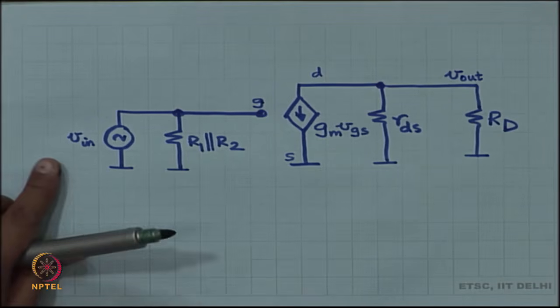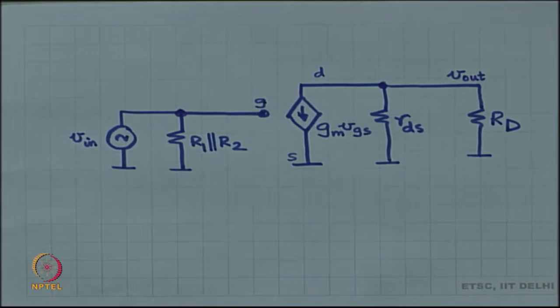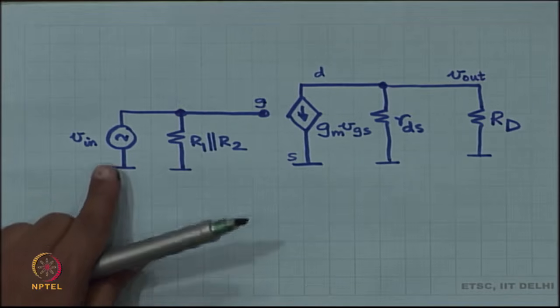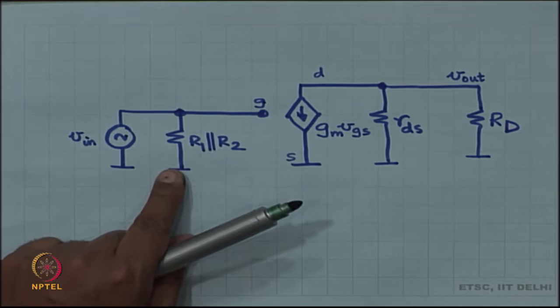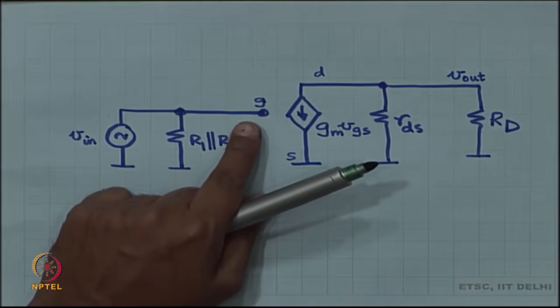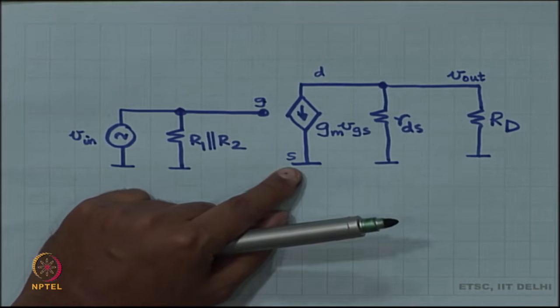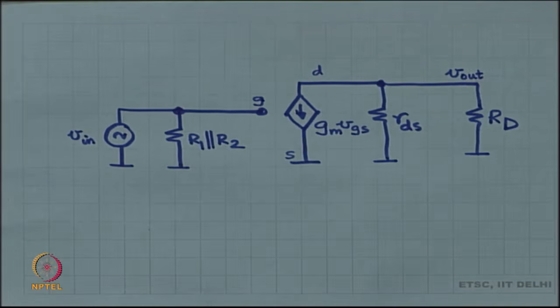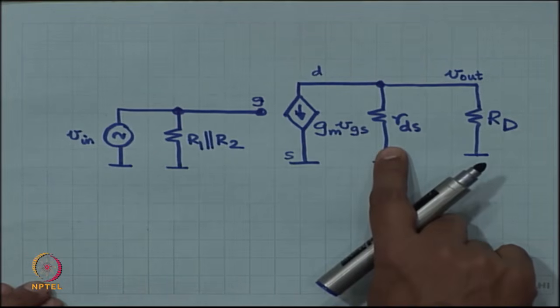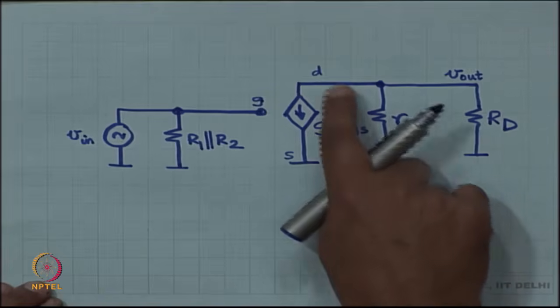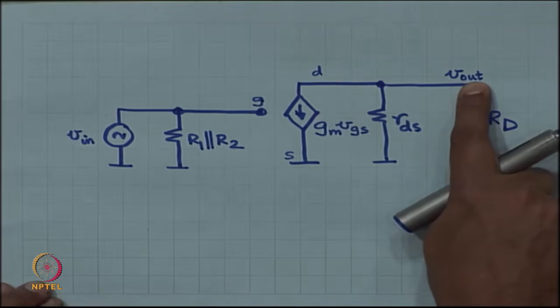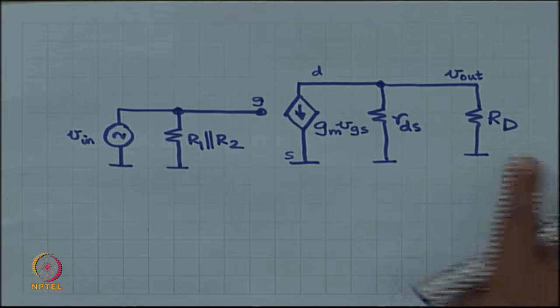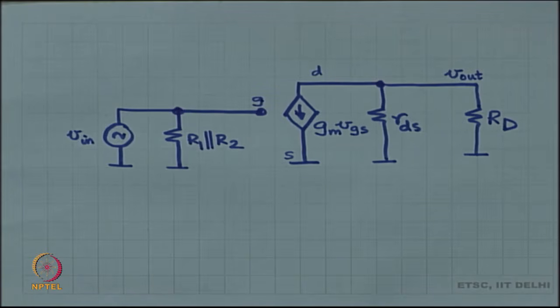So, you have applied V in, you want to measure V out, and you have R1 parallel R2 over here. You have applied this voltage to a gate, source is at ground, and then GM VGS is part of the MOSFET, RDS is part of the MOSFET. The drain is connected straight away to V out, and then there is RD to ground. You have to measure V out. This is straightforward.